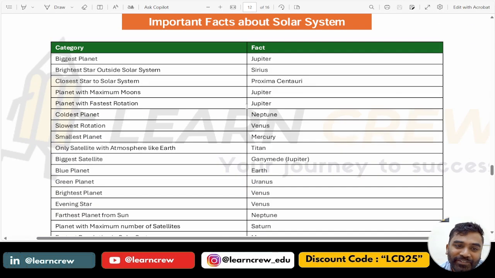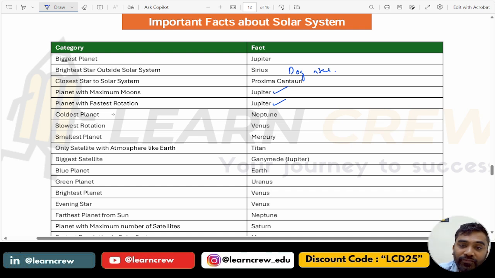Okay, some important facts. Biggest planet, Jupiter. Brightest star outside our solar system is called Sirius, or also the dog star. Closest star to the solar system is Proxima Centauri. Planet with maximum moons is Jupiter. Planet with the fastest rotation, on its own axis, is Jupiter.